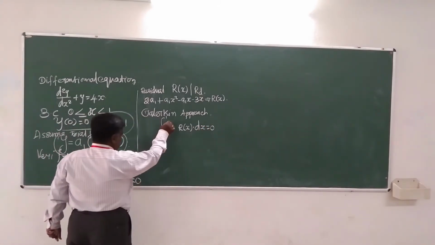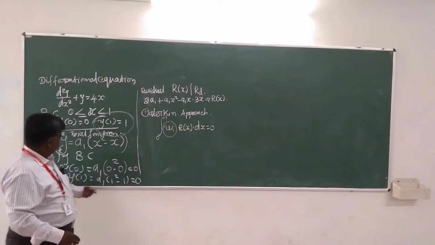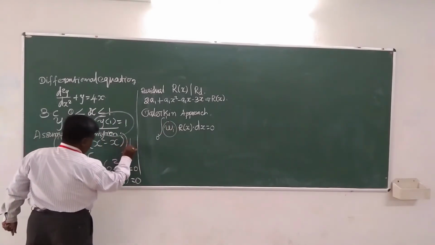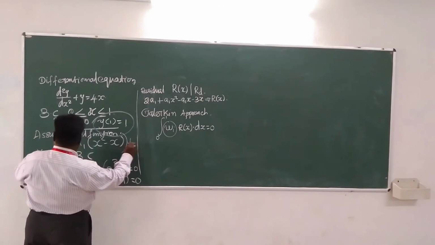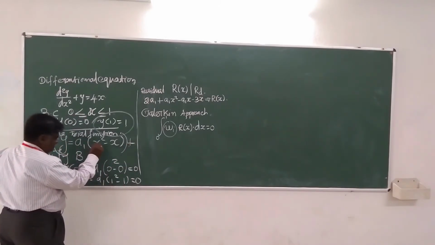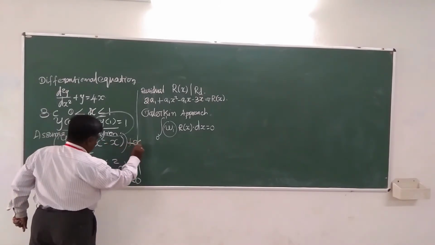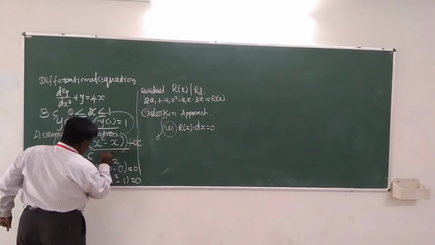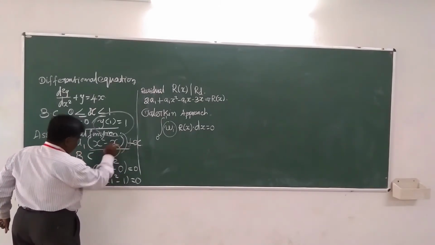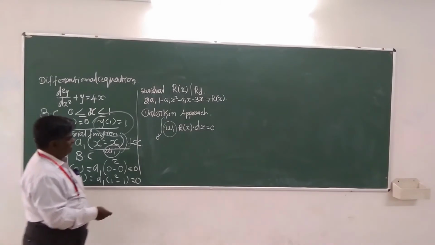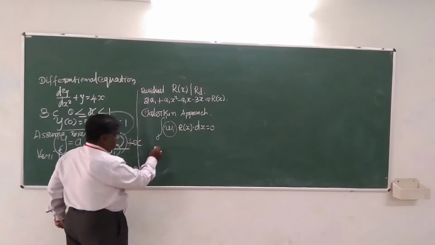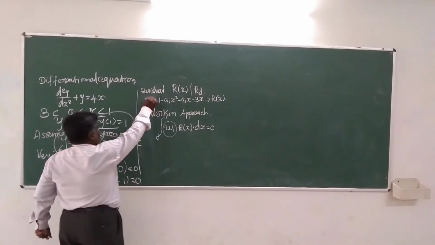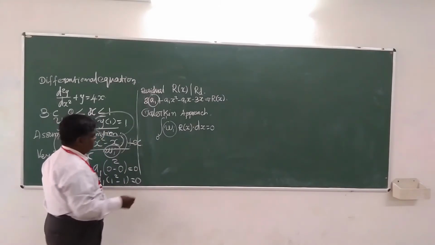This weighting function comes from the trial function equation. So actually we are assuming the trial function is a1 x square minus x plus x. From that, this is the weighting function. Substitute this value, then finally we can get the a1 parameter.